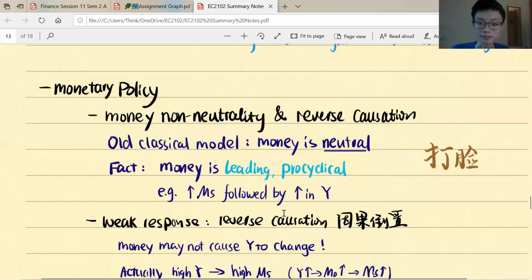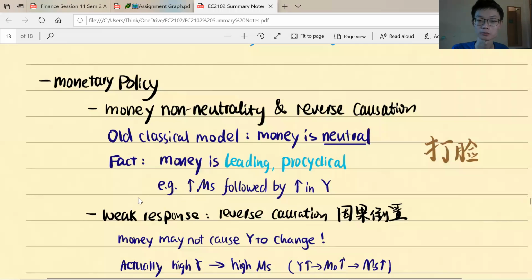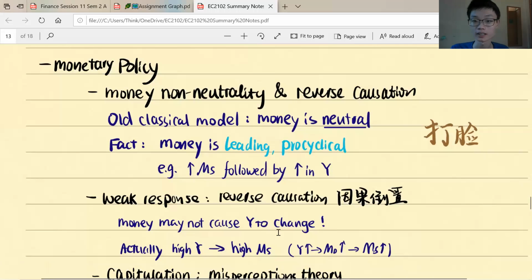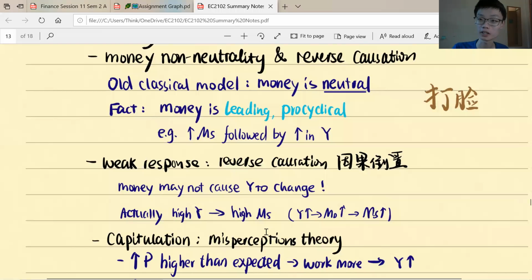But someone gave a rather weak response: reverse causation, which means 因果导致. So imagine that you heard a storm is going to come. So you close your window and you strengthen your window, for example, putting some paper on the window so that it may not break during the storm.